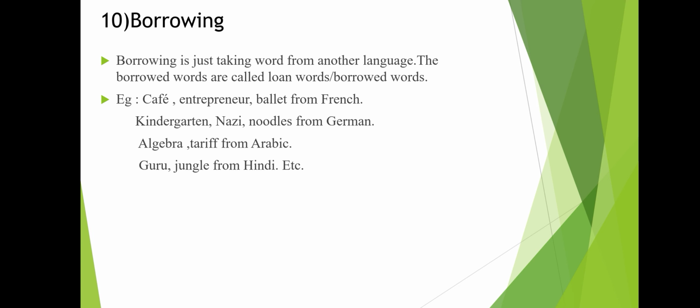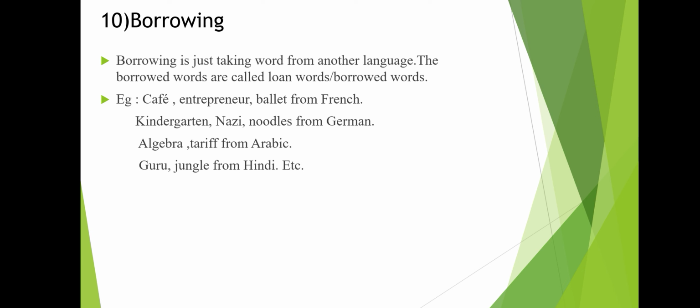Then the next one, borrowing. Borrowing is just taking words from another language. Different languages borrow words from other languages. The borrowed words are called loan words or borrowed words. For example, cafe, entrepreneur, palette are words that we have borrowed from French.